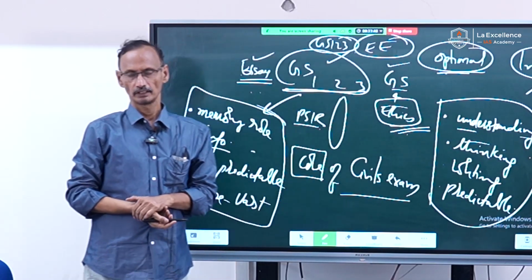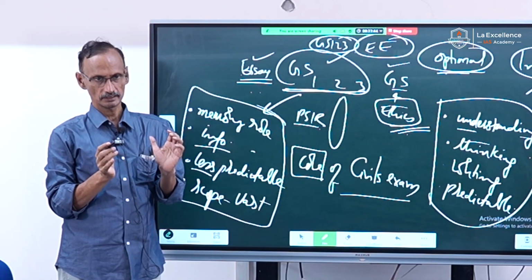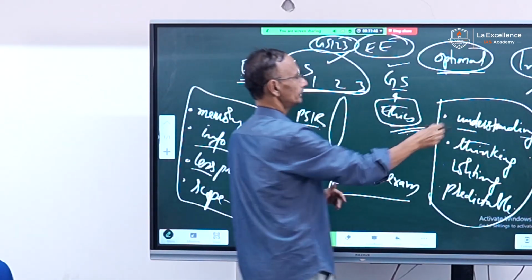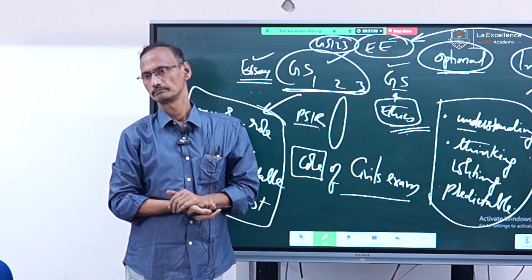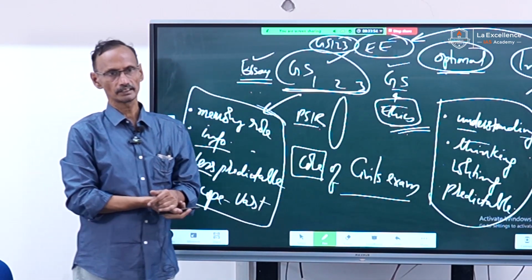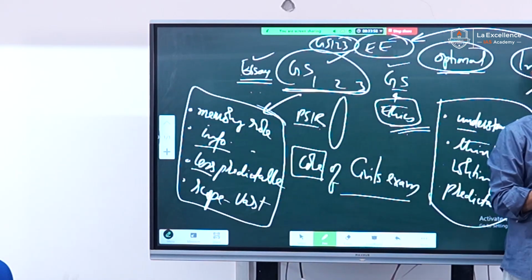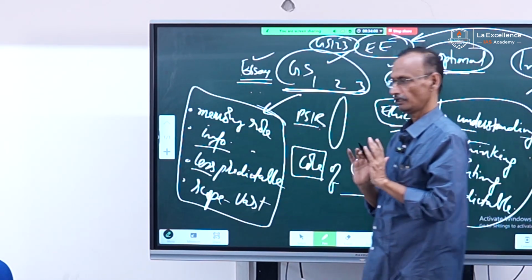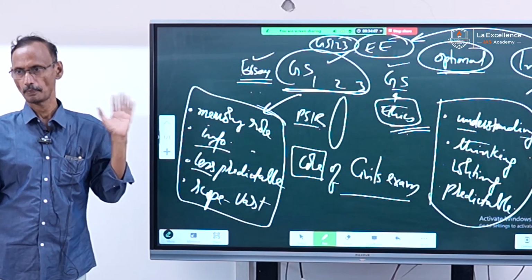And I find the skill set that is required to do ethics and essay is also the skill set that is required to do the interview. So I divide the exam into GS 1 to 3, ethics essay, interview and optional. At least, is my way of thinking clear to you?